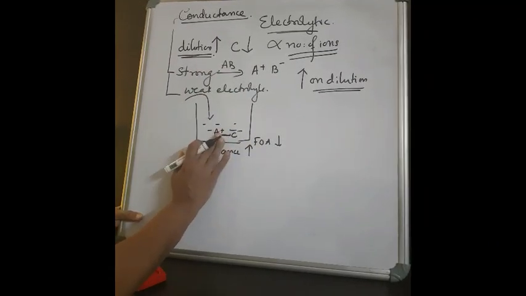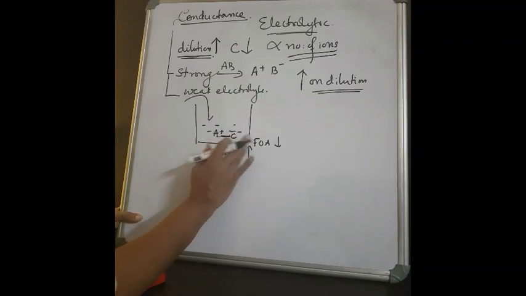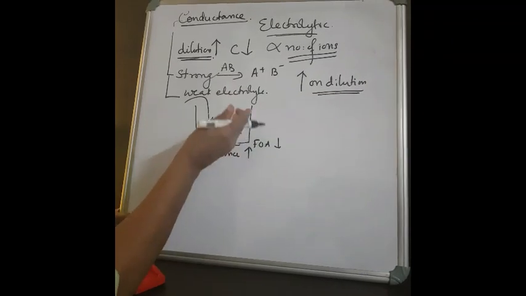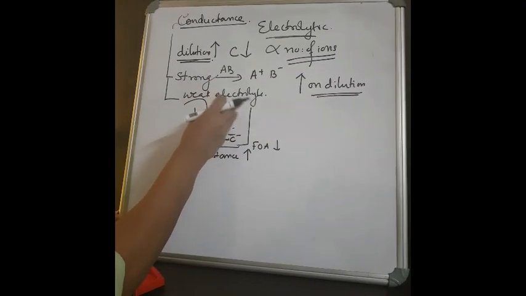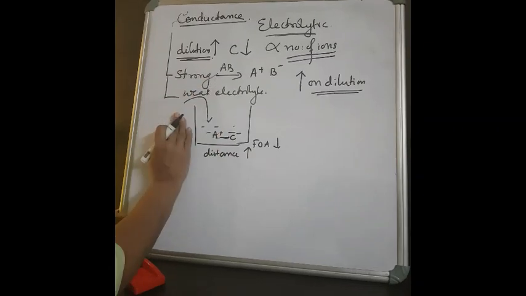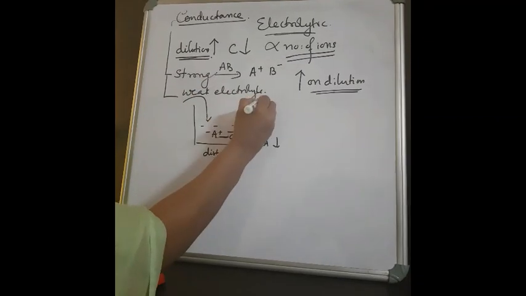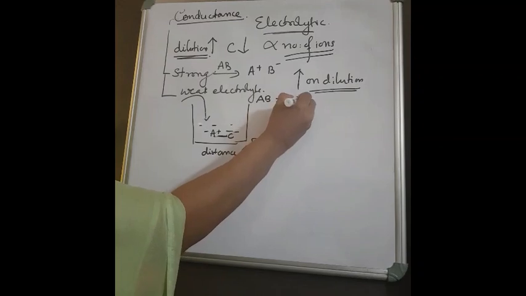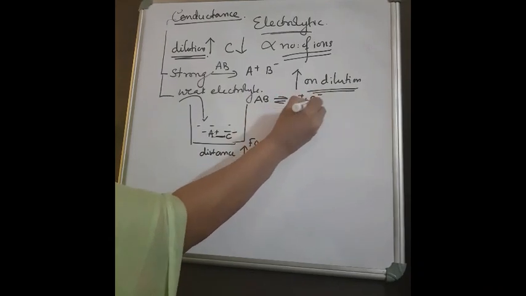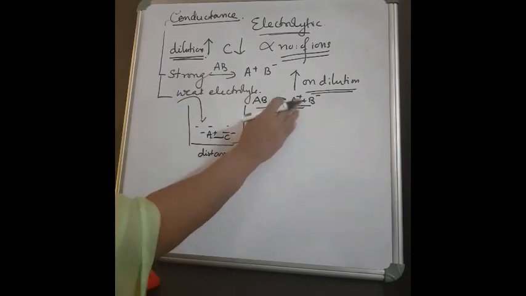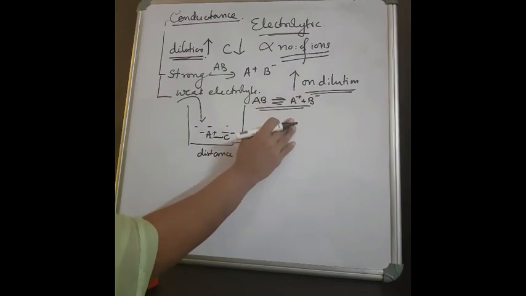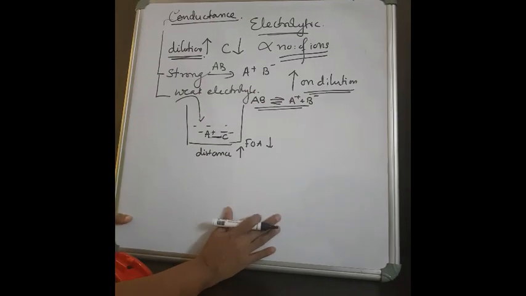I told you: the distance between the ions increases, thereby the force of attraction decreases, and the ions are free to move. More and more ions are produced from a weak electrolyte, because if I write AB reversibly giving A plus and B minus, it is an equilibrium. So more and more ions get produced by means of dilution.